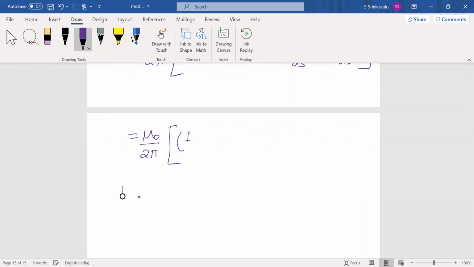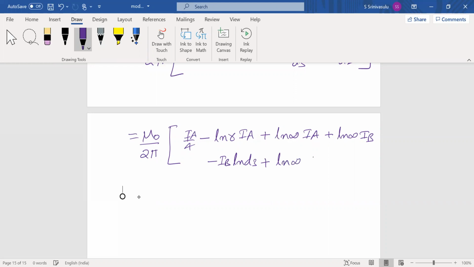Simply write 1 by 4 minus ln of r into IA plus ln of infinity into IA. Next, the remaining terms: similarly, ln of infinity into IB minus IB into ln of D3, plus ln of infinity into IC minus IC into ln of D2, the total.